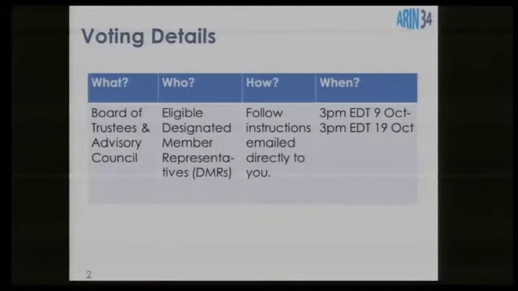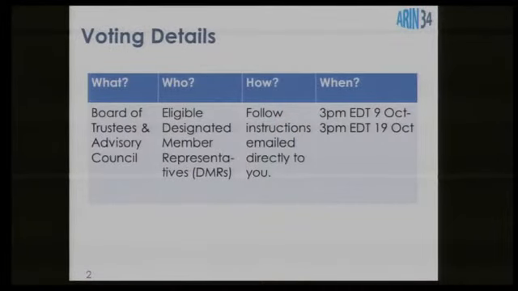Today I am here to talk to you about the ARIN election procedures, how to vote, and just a quick, brief overview before we get to a very exciting slate of candidates who will deliver short speeches for you. All right, first off, I'll give you a quick rundown of the election process.